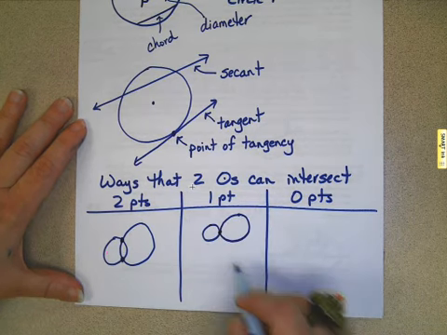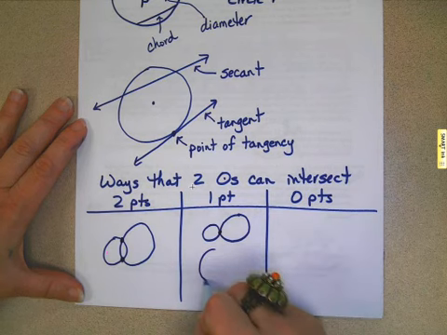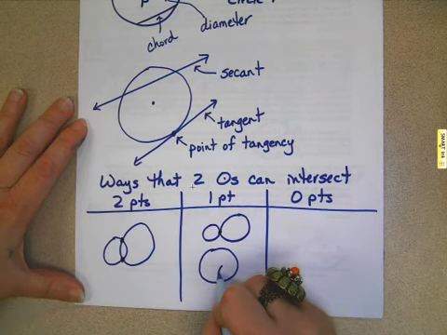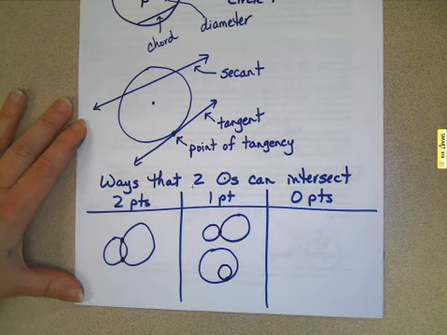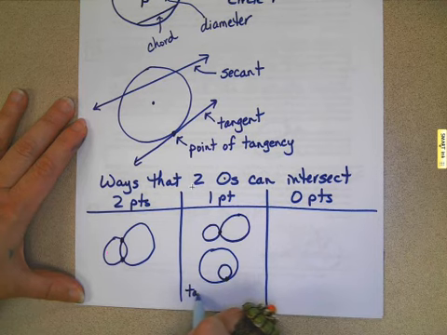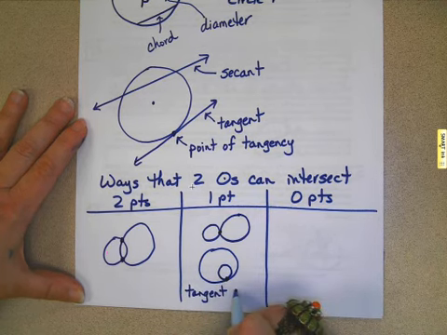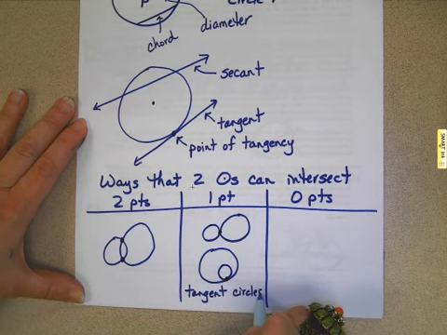Keep in mind that they could intersect outside of each other, or they could intersect inside each other. Again, it's really difficult to draw them exactly. Of course, it's difficult just to draw perfect circles. But when 2 circles intersect at exactly 1 point, they're called tangent circles.